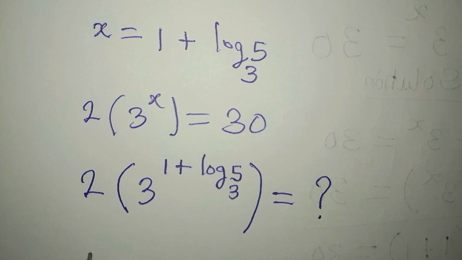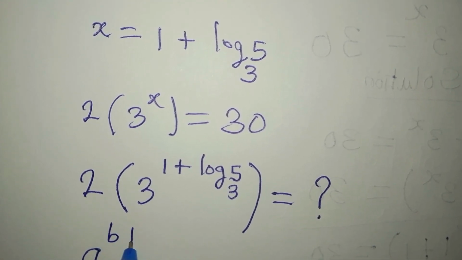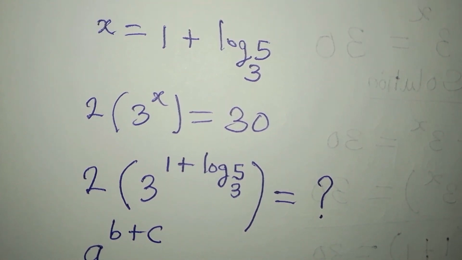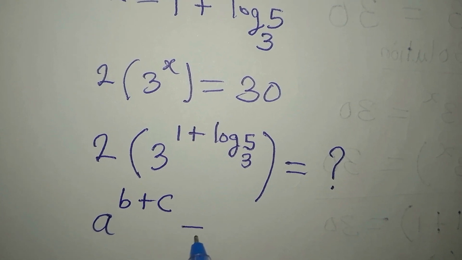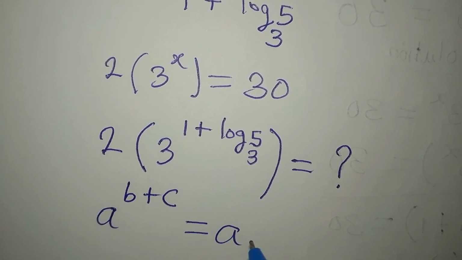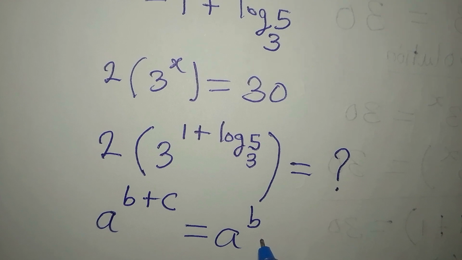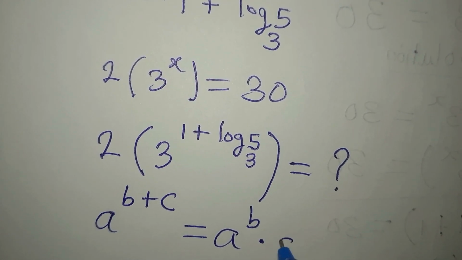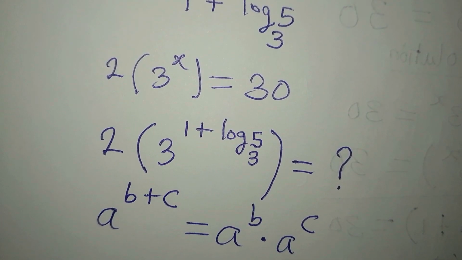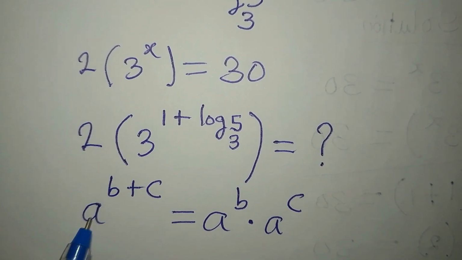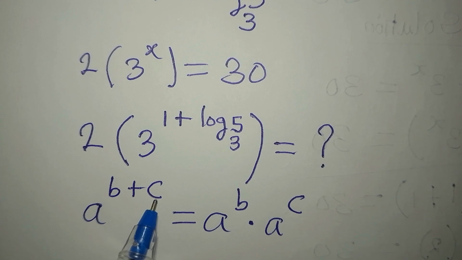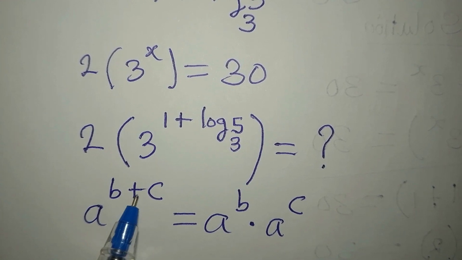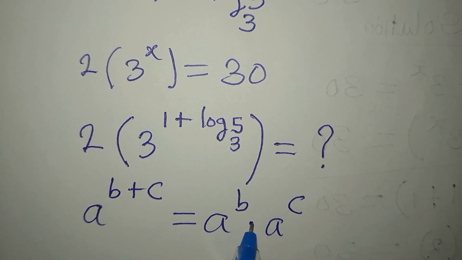Then look at this again. If you have a to the power of b plus c, now we apply one of the laws of indices, and we'll be having a to the power of b multiplied by a to the power of c. This base is for b and it is also for the c, but because of this addition we multiply the base.